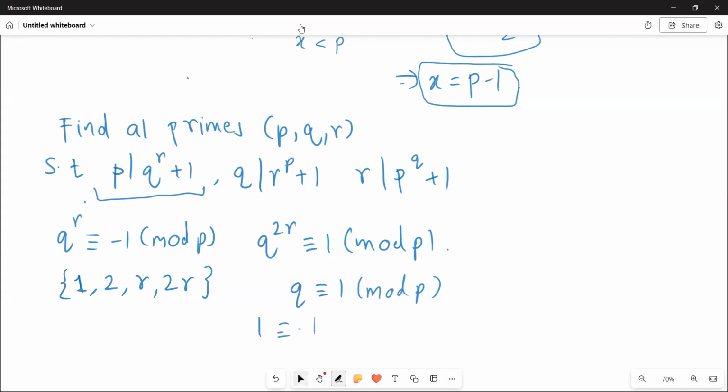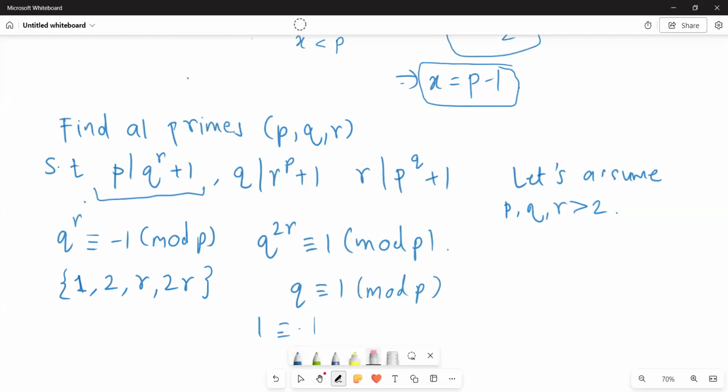So that leaves a possibility that p is 2. So for now, let's assume all primes are greater than 2. If one of these primes is equal to 2, then the order can be 1. So we will deal with this case later on. Right now, we will assume that all these primes are greater than 2.